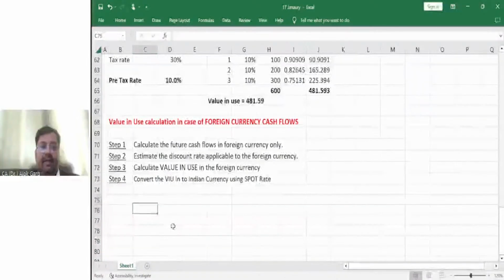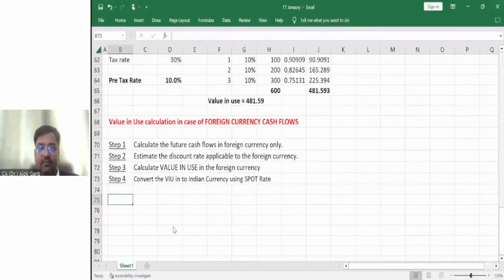And let's discuss this case study now. Solution to the case study.